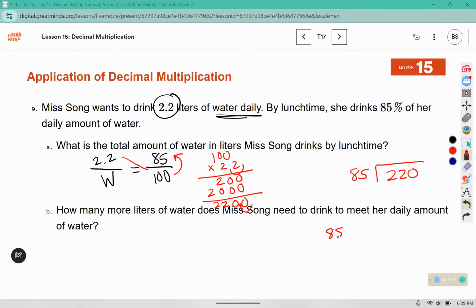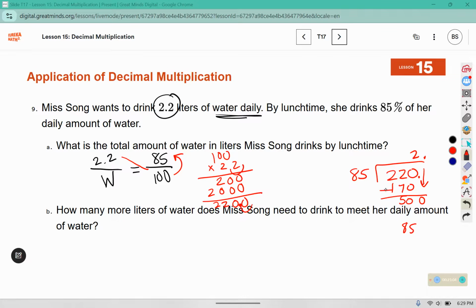If I do 85 and 85 together, 8 plus 8 is 16, plus 1 more is 17. So we can fit 2 of them in there. 170 taken away from 220 is 50. Bring down the 0.